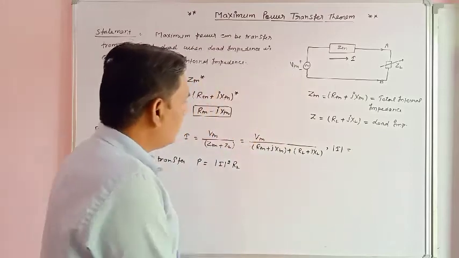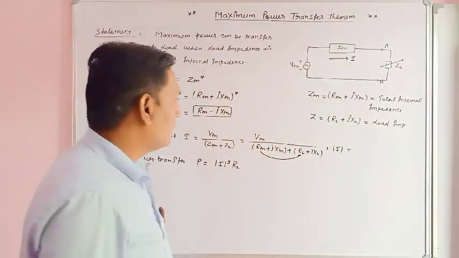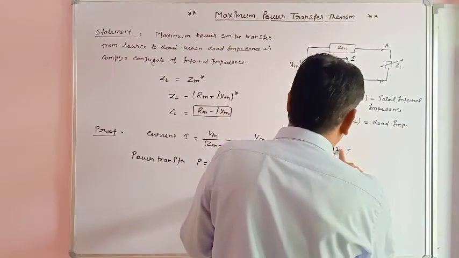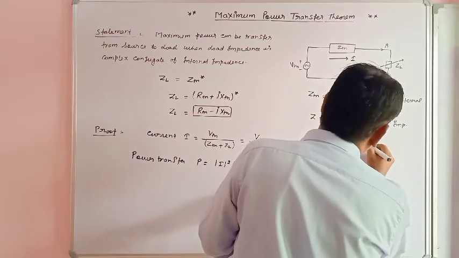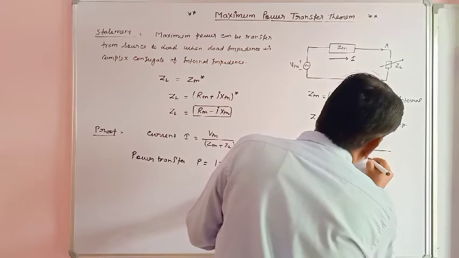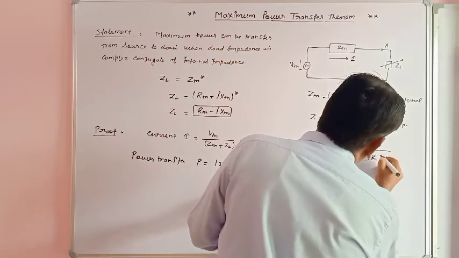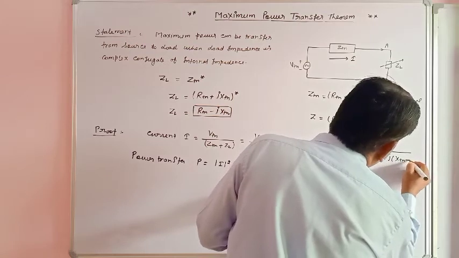We can take this real value, RTH with RL. Let's increase one step: I is equal to VTH upon the real component RTH plus RL plus the imaginary component XTH plus XL.